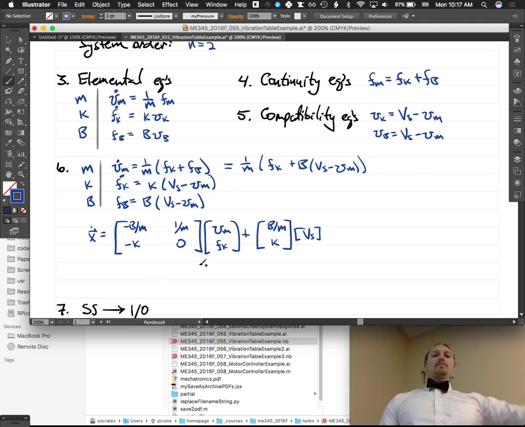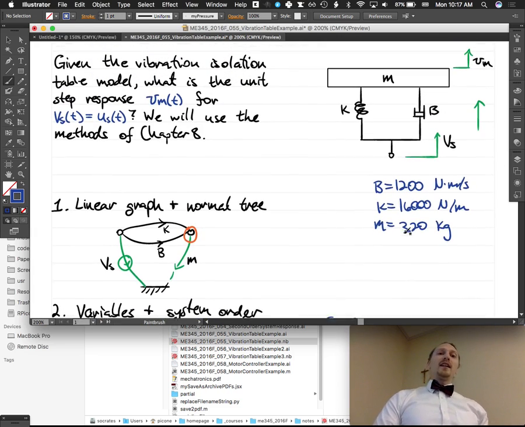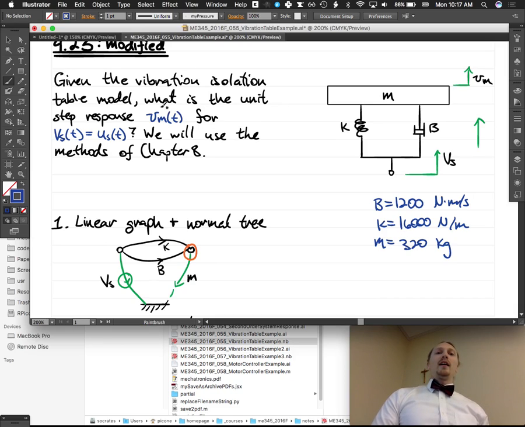So this is the part where there can be confusion sometimes, so I'm going to slow down for a second. Our output, in this case, we care about Vm, right? So I say I want to know what the step response is, Vm. So we want to know what the velocity of the mass is. So Vm is our output.